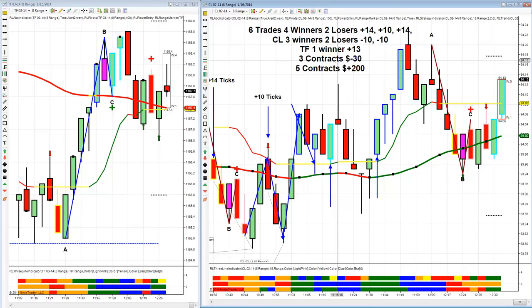If you traded 3 contracts, after 4 second target wins in a row, you only lost $30 today. If you traded 5 contracts, you actually made $200 today because you were able to capitalize on that second target hit at 10 ticks, and we hit it every single time with our targets.